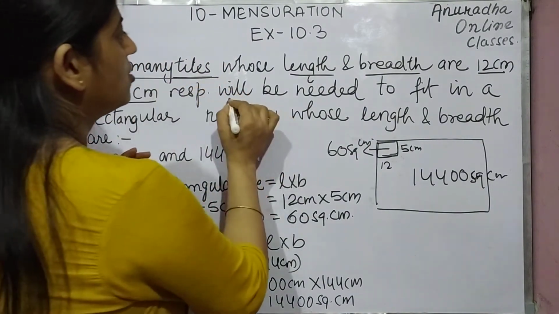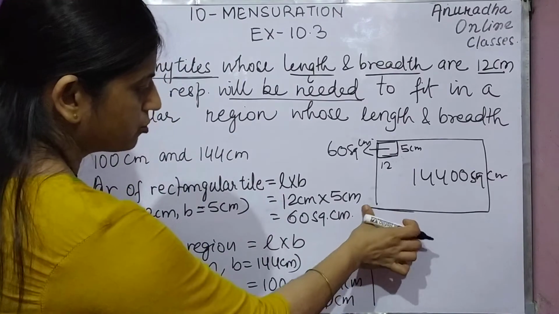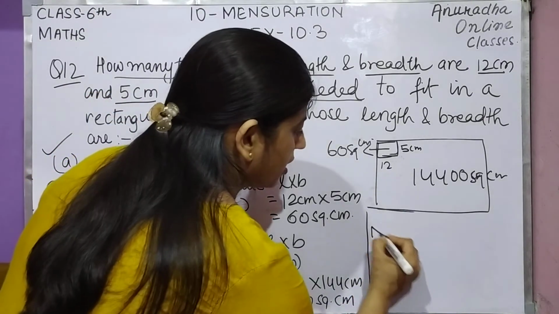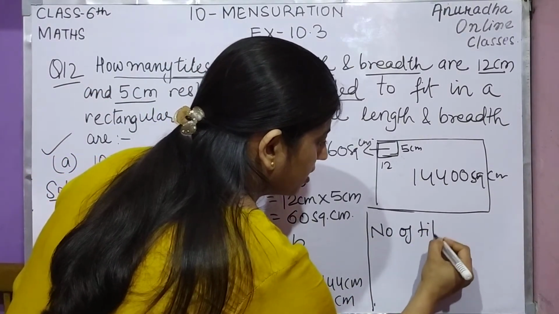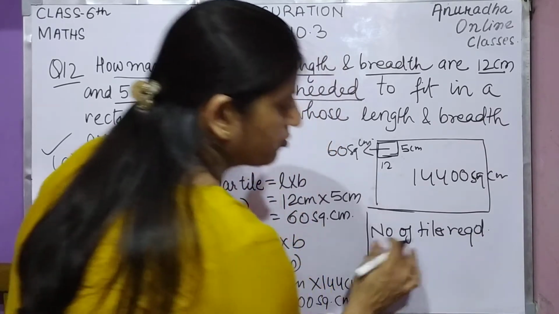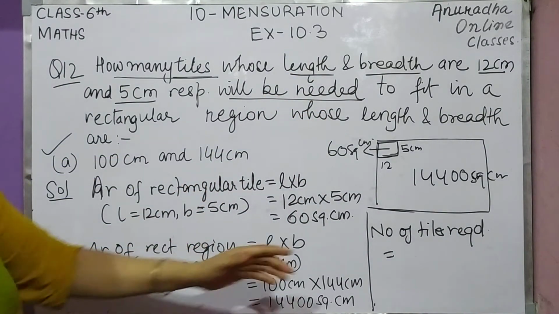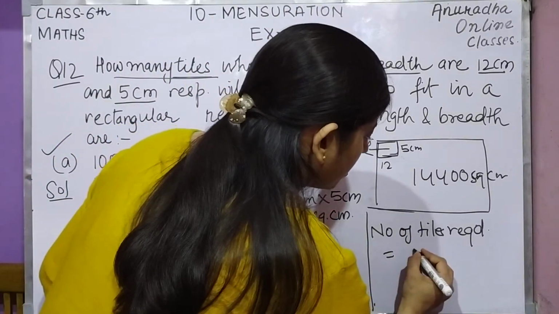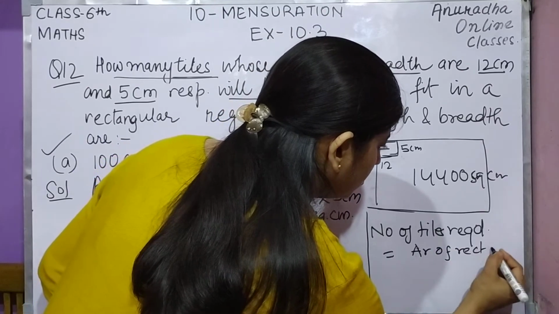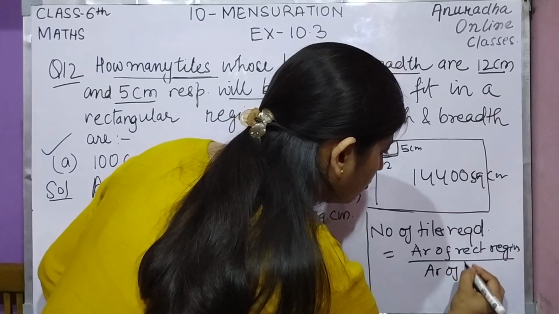Now the question is how many tiles are required? How many tiles will be needed? Means what we have to do here, after this, number of tiles required to fit in this region is equal to area of rectangular region divided by area of one tile.